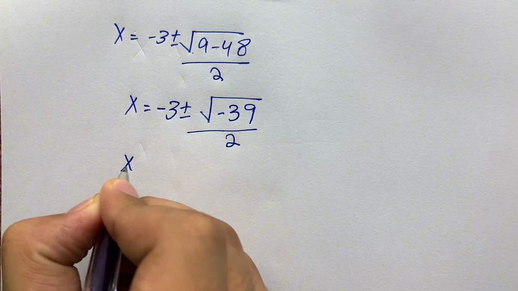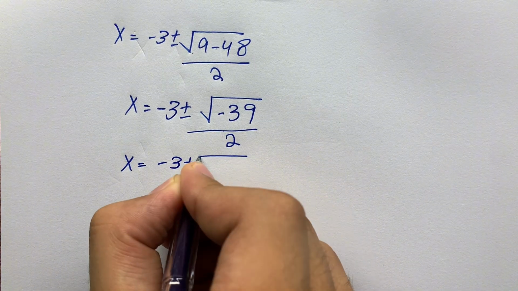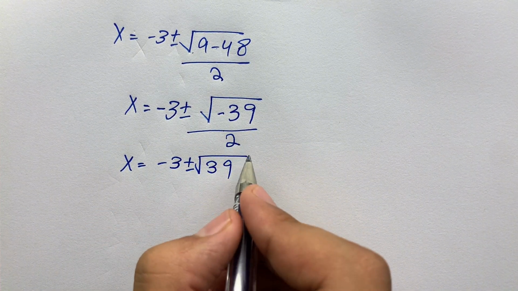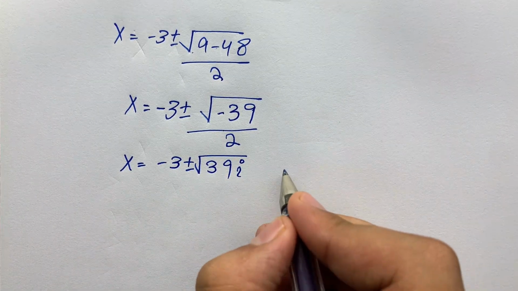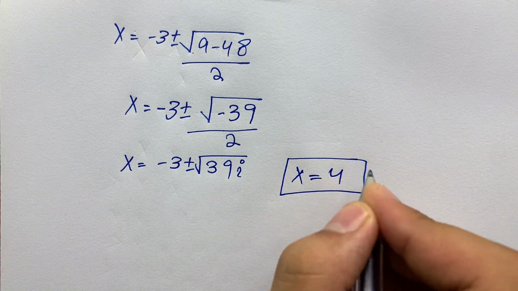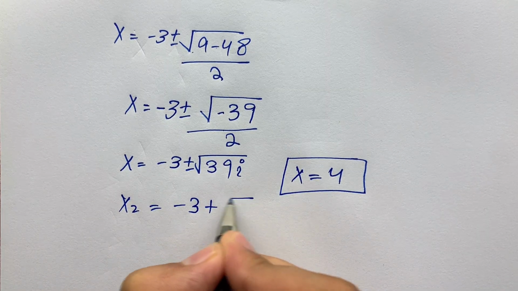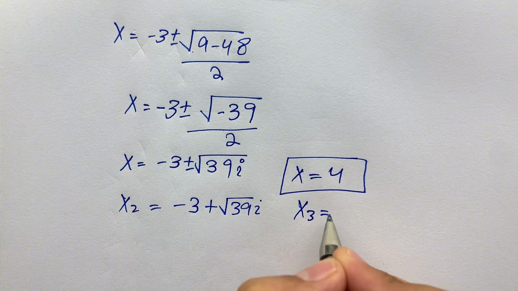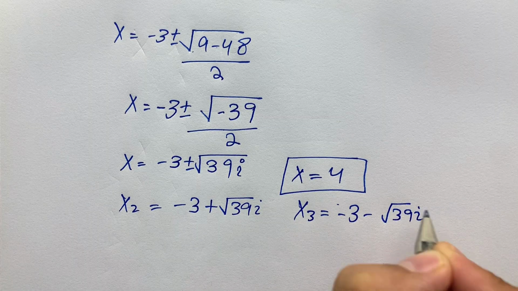So x is equal to minus 3 plus minus the square root of 39 times i. Our x1 is equal to 4, and x2 is equal to minus 3 plus the square root of 39 i. x3 is equal to minus 3 minus the square root of 39 i.